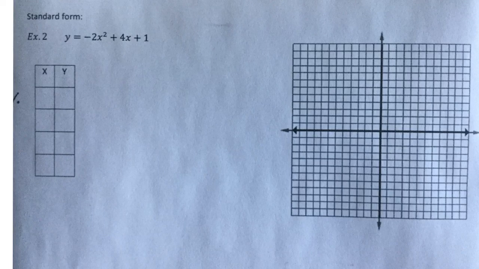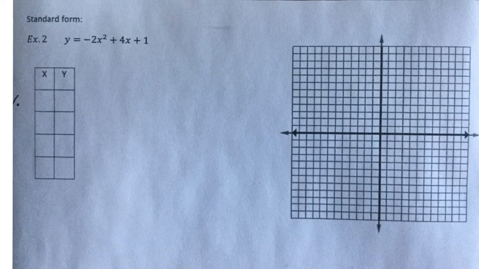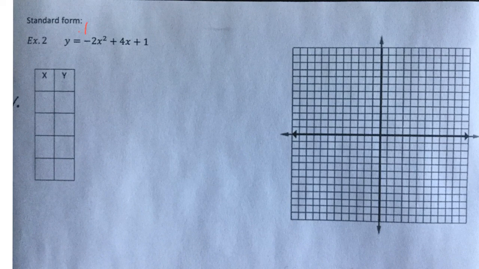Okay, so we're looking at standard form. Y equals -2x squared plus 4x plus 1. We know this graph should open up or down. The answer is down because we've got a negative in front, which means it's reflected, so it's upside down. We're going to find our vertex.